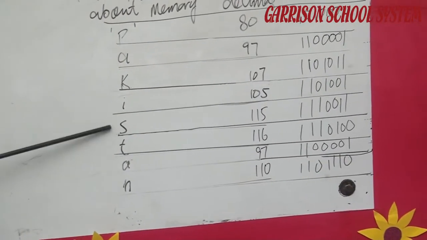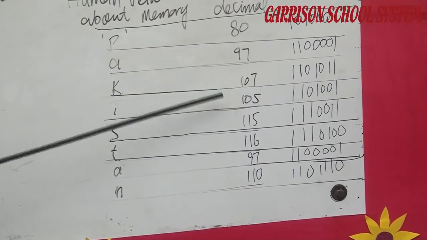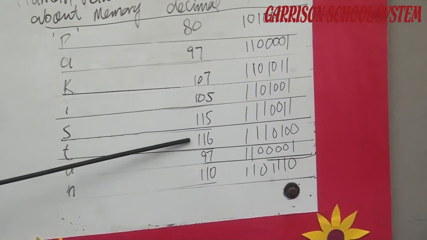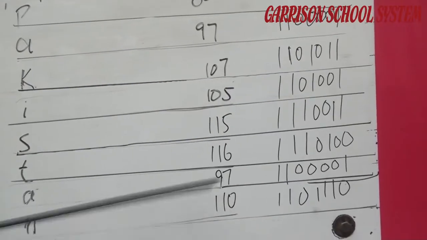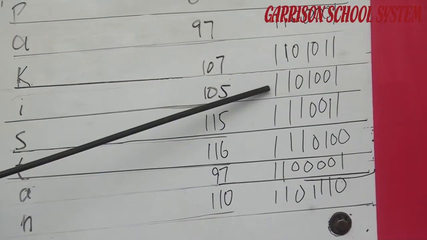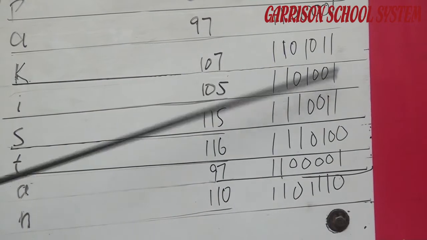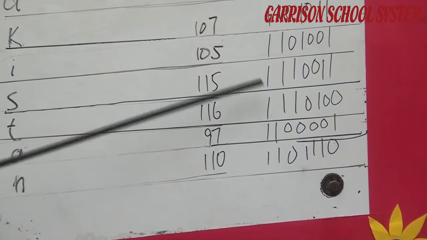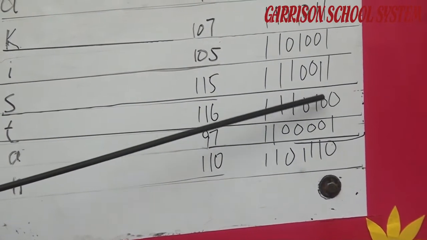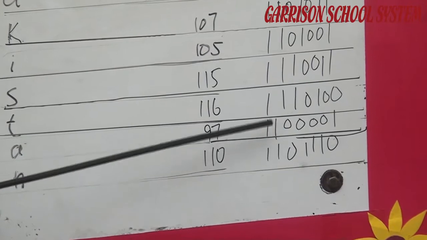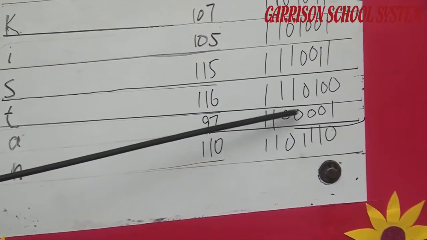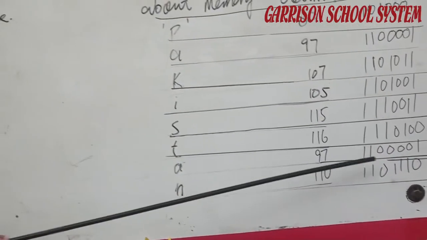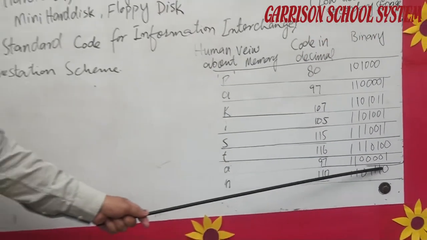Similarly, ISTAN, the decimal codes are 105, 115, 116, 97 and 110. 116 binary is 1110100, 97 binary is 1100001, and 110 binary is 1101110.